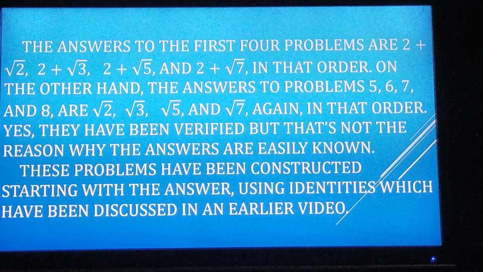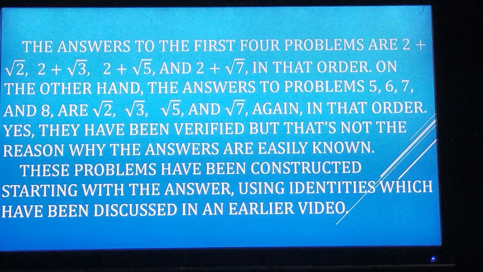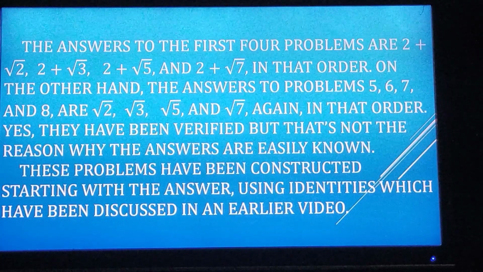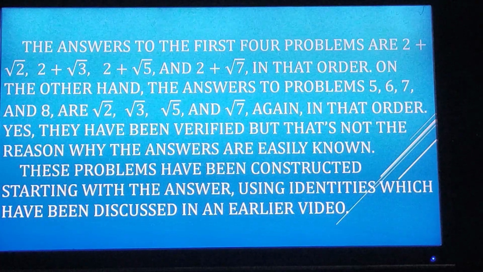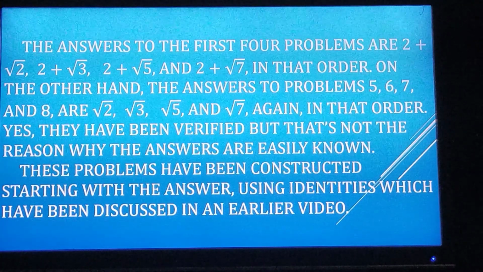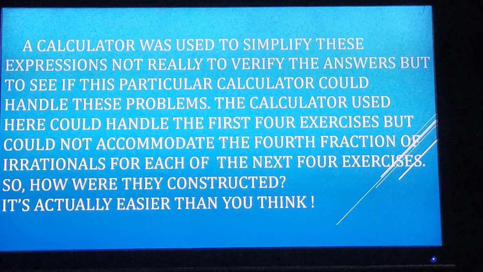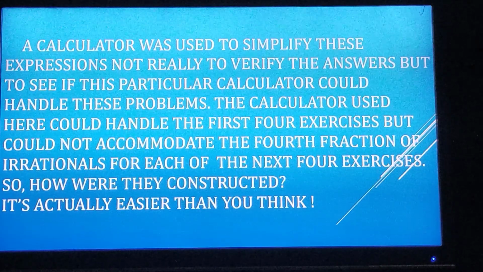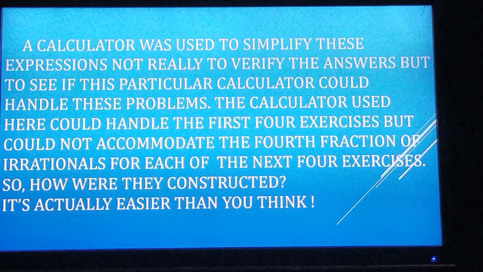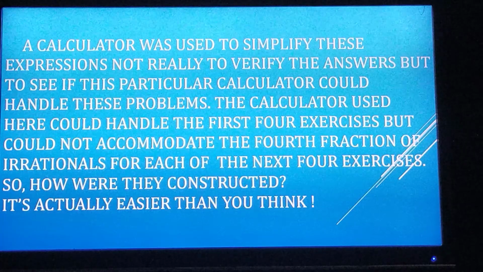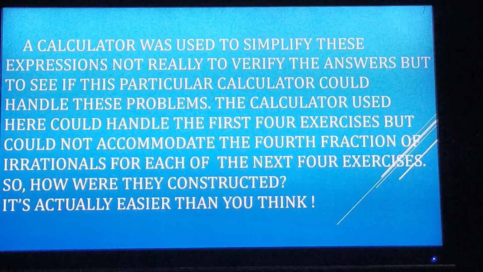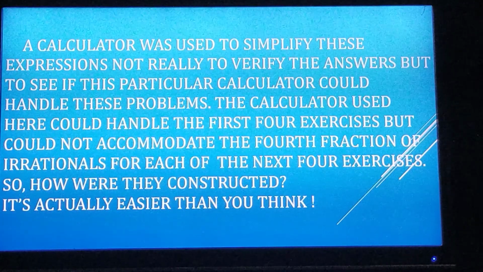However, we use identities, which were discussed in a previous video. A calculator was used to simplify these expressions, not really to verify the answers, but to see if this particular calculator could handle these problems.